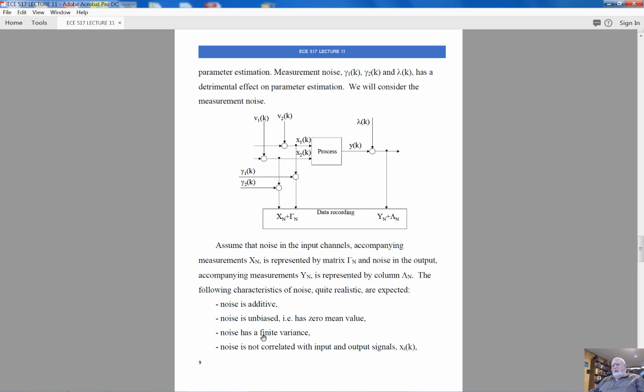The second issue is this: noise is unbiased. In other words, it has zero mean value, which means that the instrumentation that we use should be very carefully calibrated. If it's not carefully calibrated, the measurements will always have some bias.